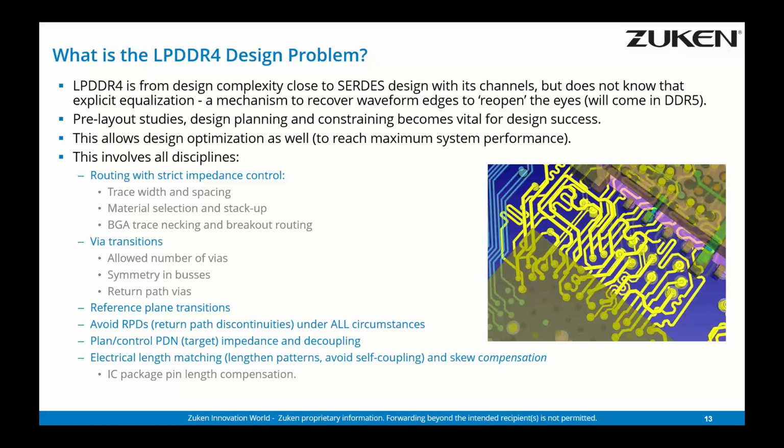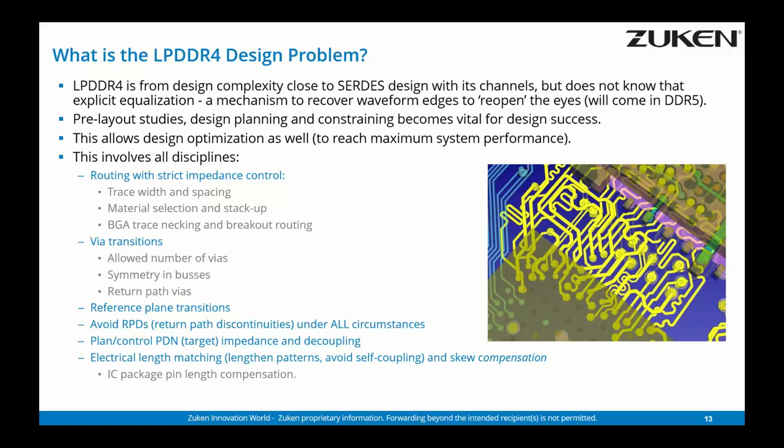Target impedance is a new figure of interest, a new measure for the quality of the power distribution system. That's probably new for you as well. And skew is probably the most important thing to constrain, and to implement skew compensation.